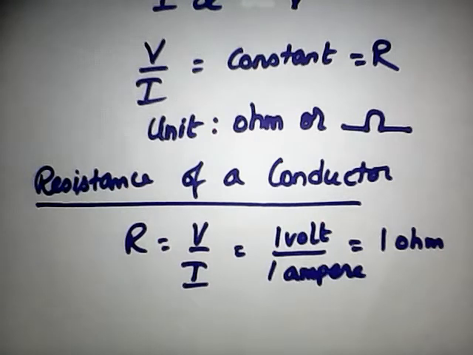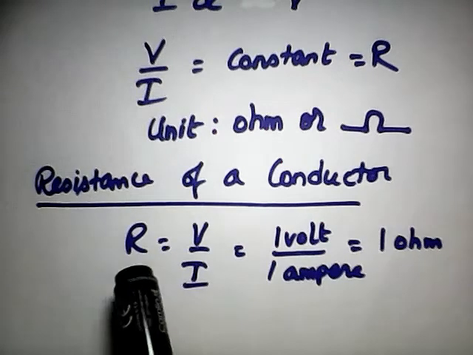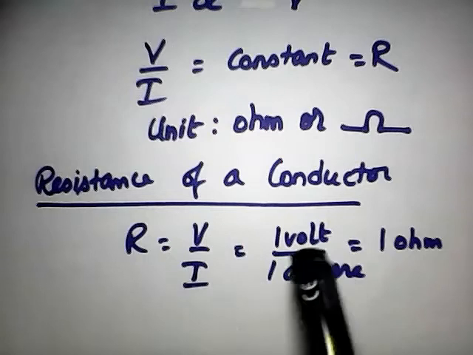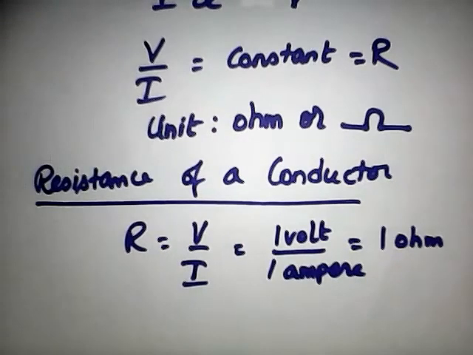The potential difference to current ratio is called the resistance of a conductor. The unit for resistance is ohm, V is volt, and I is ampere. This is how we measure the resistance of the conductor using this formula.